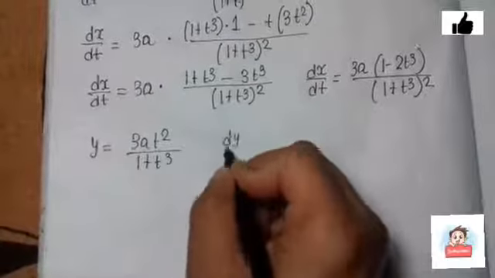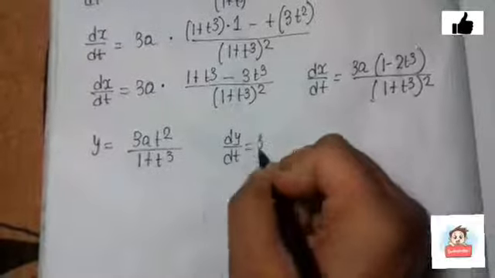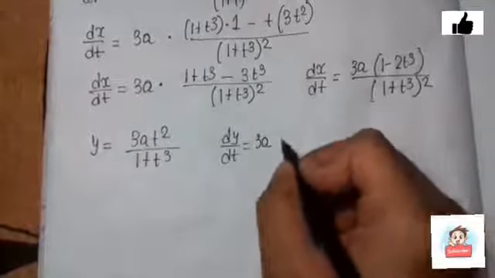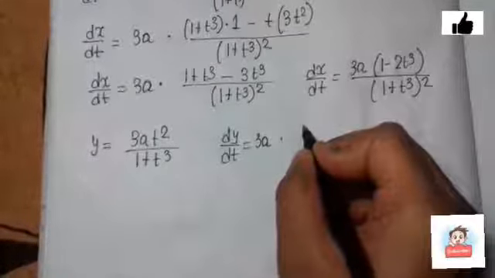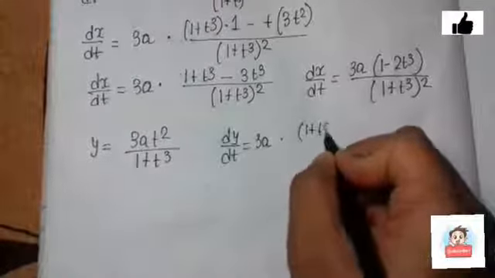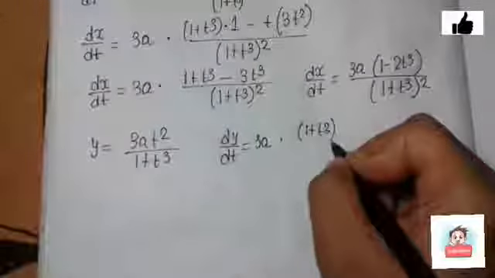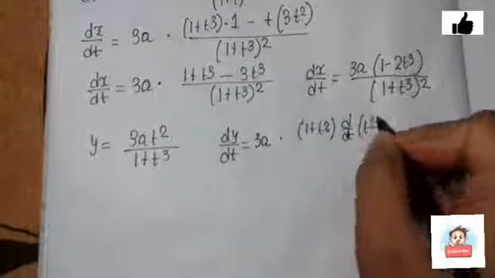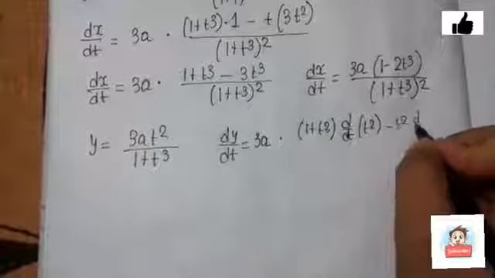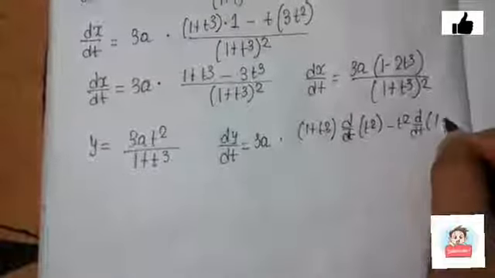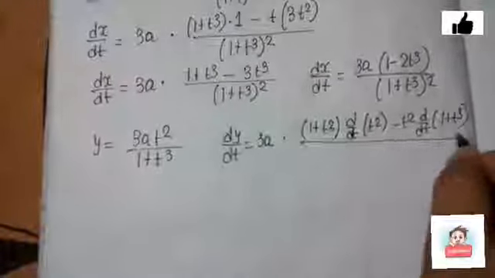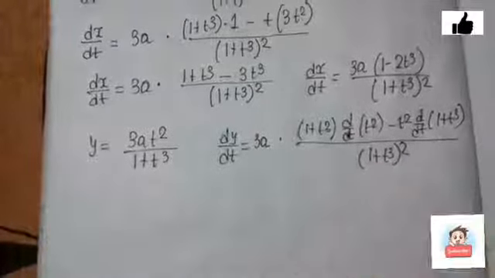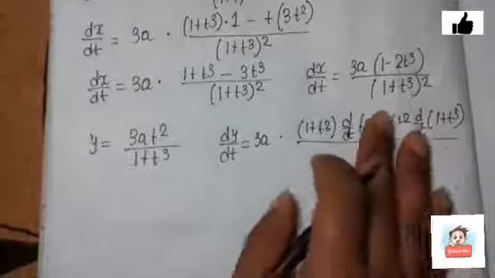So dy by dt equals 3a, 1 plus t cubed times the derivative of t square, minus t square times the derivative of 1 plus t cubed, whole divided by 1 plus t cubed whole square. Very clear? Use the u by v formula.